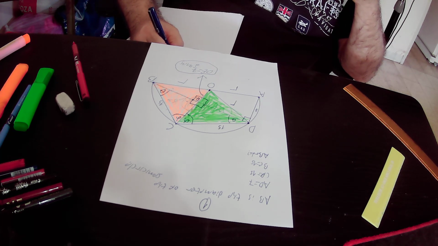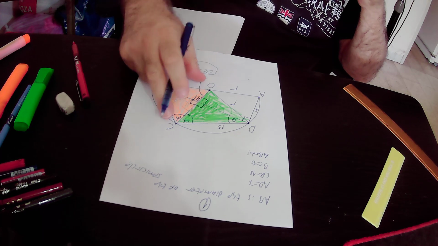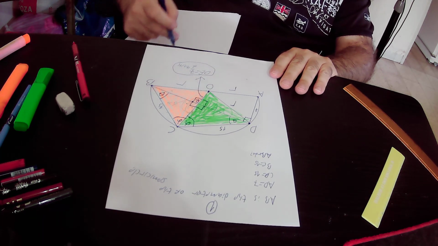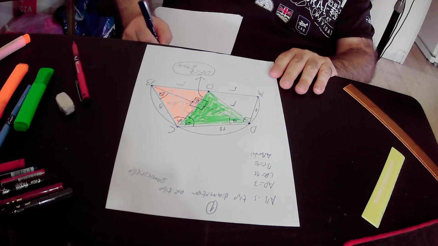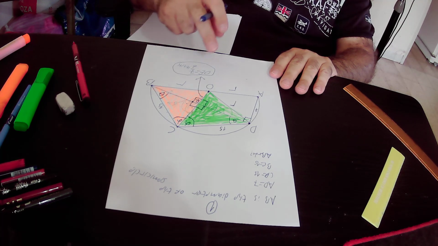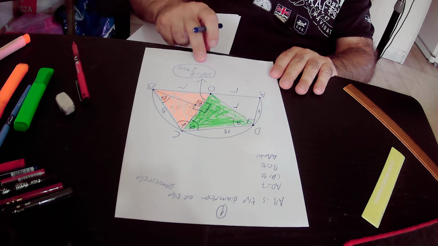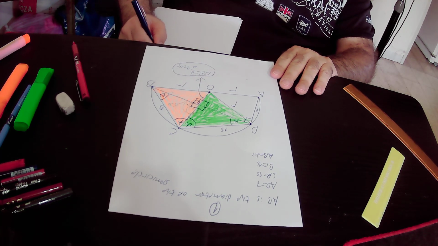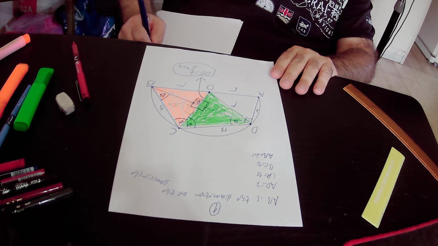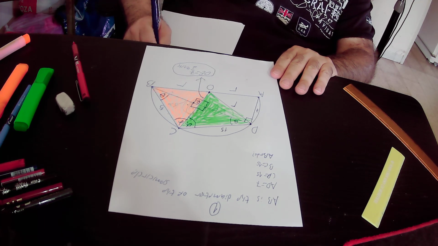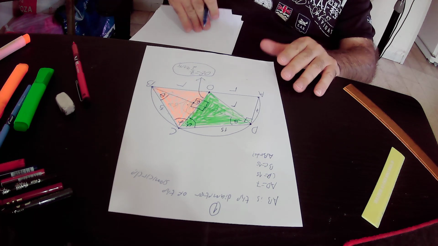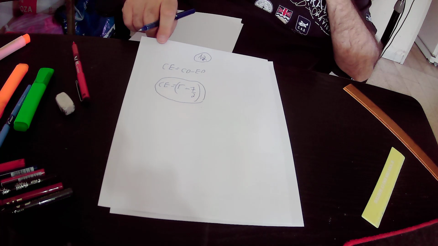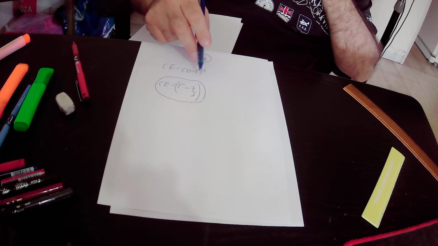So CE equals CO. CO is the radius of this semicircle, so it equals R. And what is the value of EO? EO equals 7 over 2 units. So actually the value of CE is R minus 7 over 2 units.